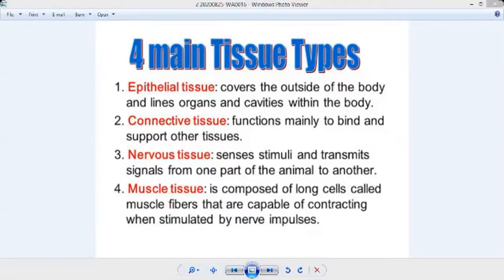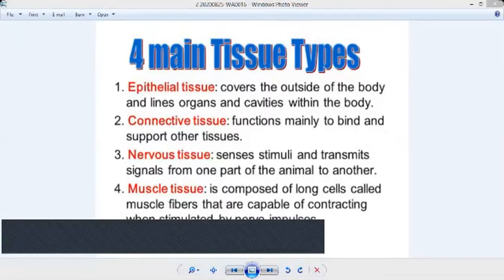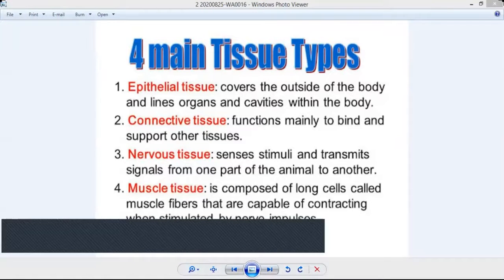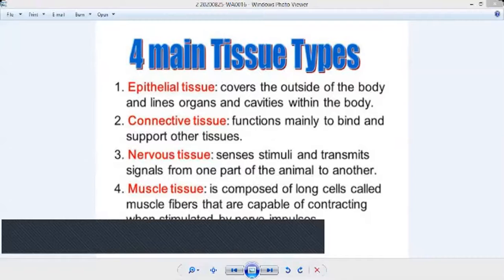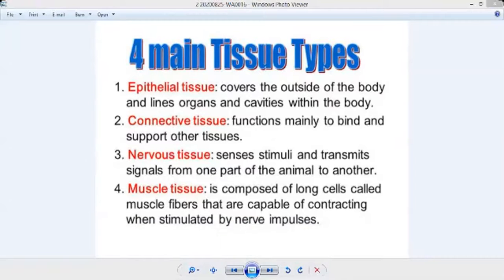Then next is the nervous tissue. Nervous tissue senses stimuli and transmits signals from one part of the animal to the other. That means nervous tissue carries the message to our brain and carries the message from the brain to the related part of the body.